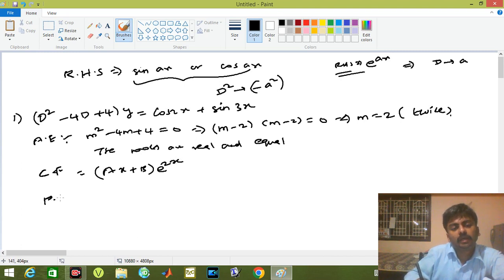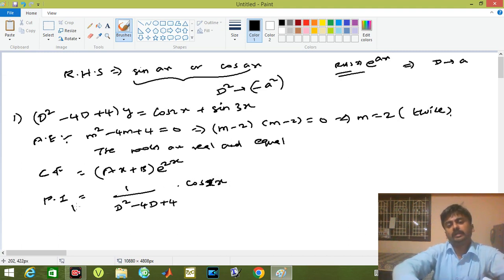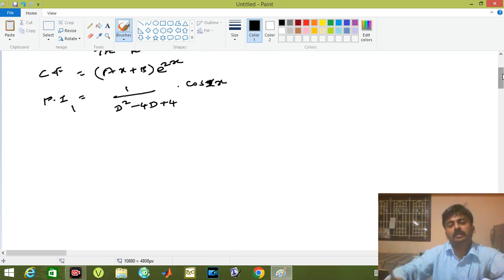Okay, PI will be 1 divided by d square minus 4d plus 4 into cos 2x. This is your PI1, and I am going to find PI2 simultaneously.